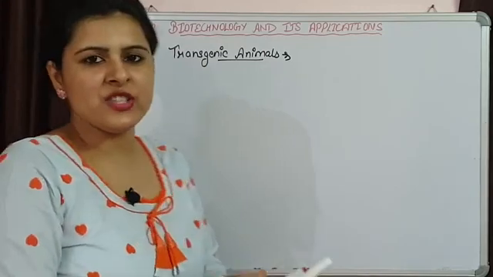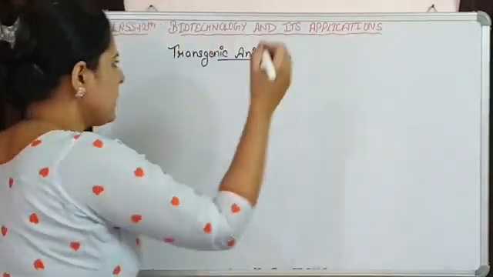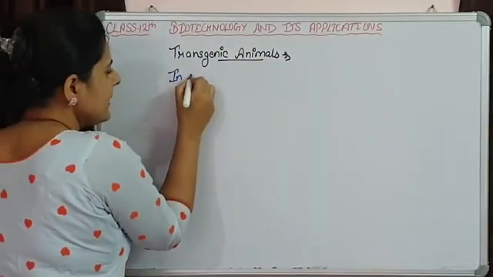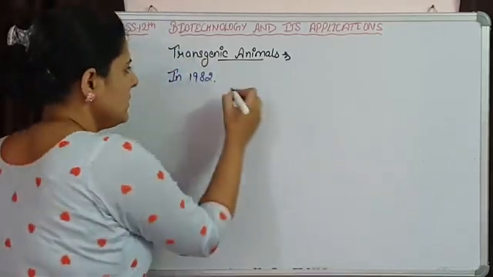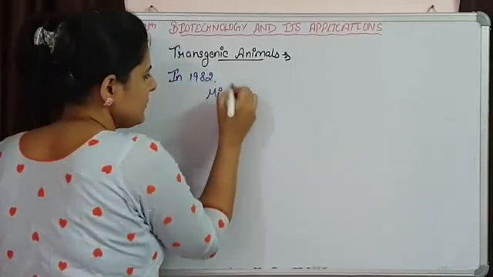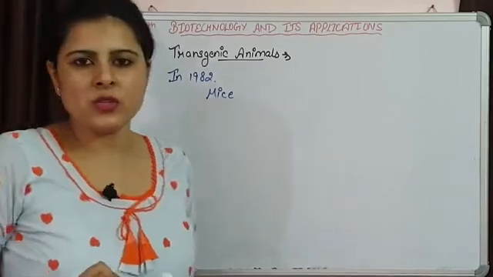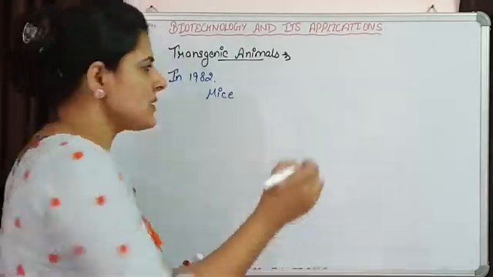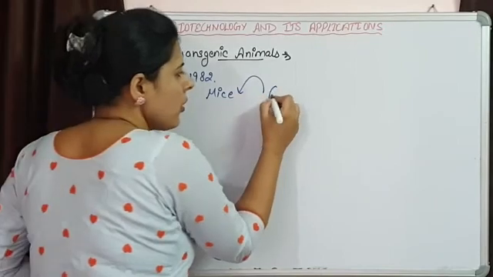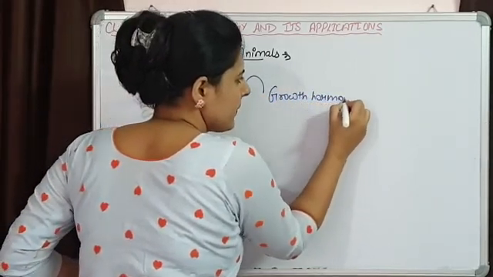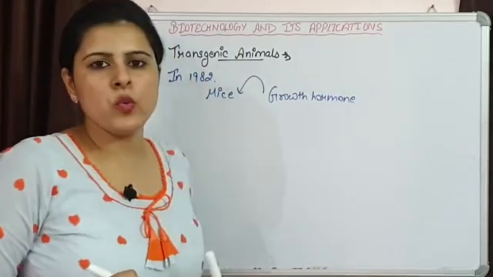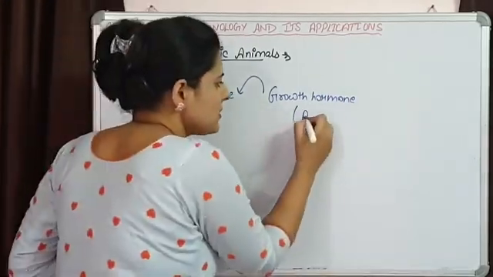The first transgenic animal was produced in 1982, and it was a mouse. What was this mouse given? This mouse was given a growth hormone, and this growth hormone was extracted from a rat.